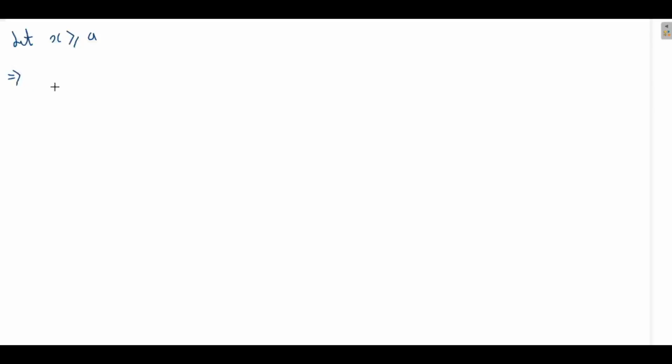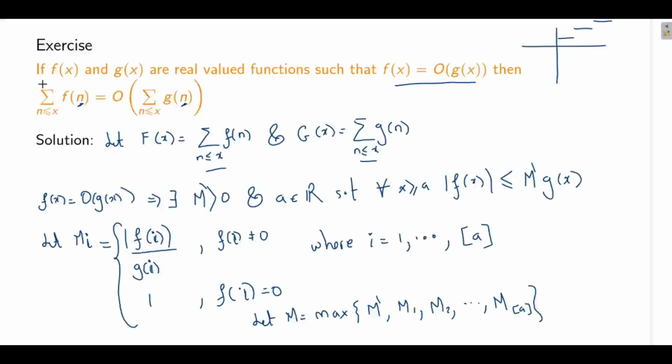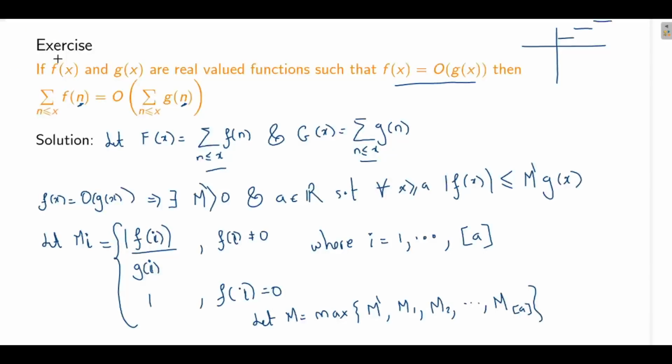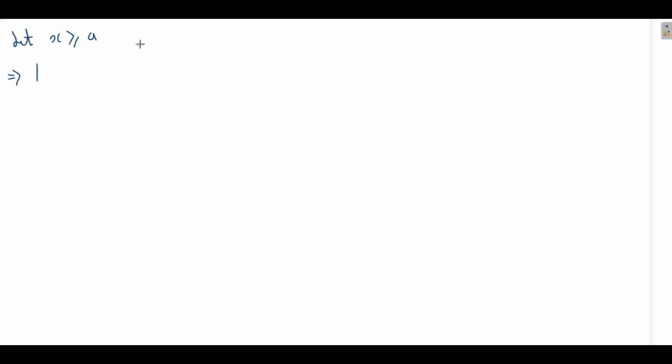So this will mean that here you can see, the modulus of f of x is less than or equal to the summation over n less than or equal to x of the modulus of f of n.